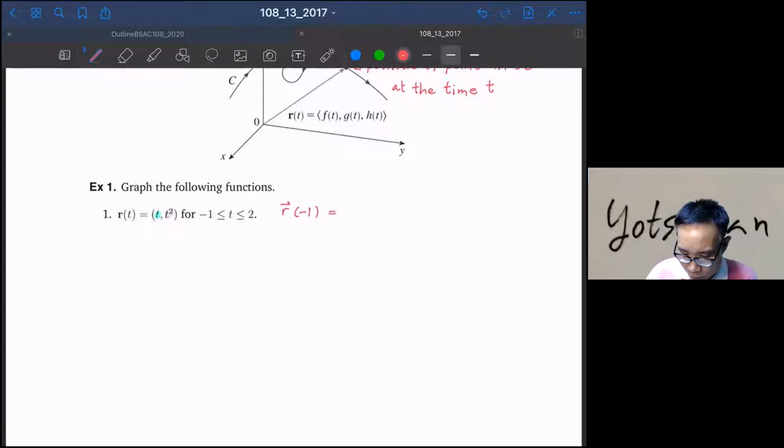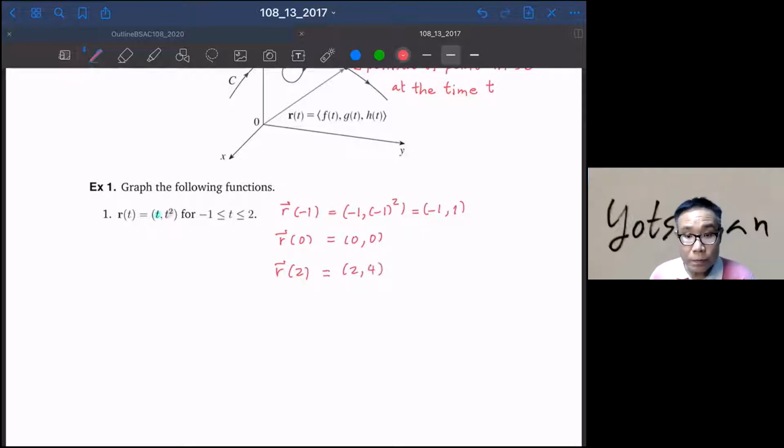At -1, it's going to be the point (-1, (-1) squared), so it's (-1, 1). Let's compute r at 0: it's at the origin. And r at 2 is going to be (2, 2 squared), so it's (2, 4).